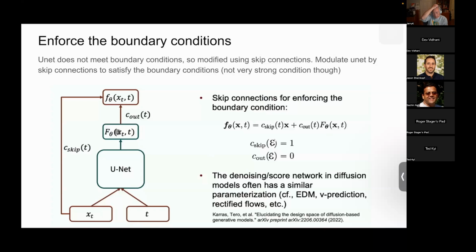What will the value of C out be? I think they learned this also, except that this is the value that they have. Is that not your question, a switch? Sorry? It's some sort of smooth function. Yes, it is. Yeah. Okay.